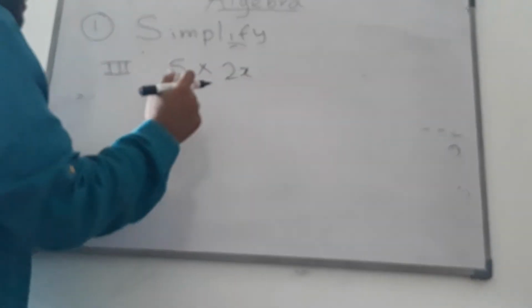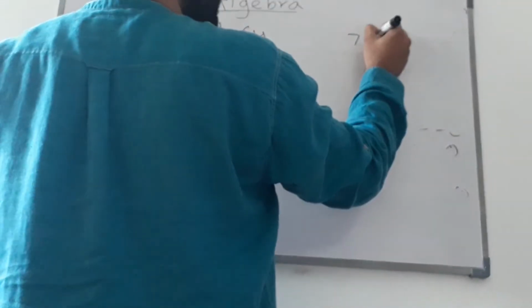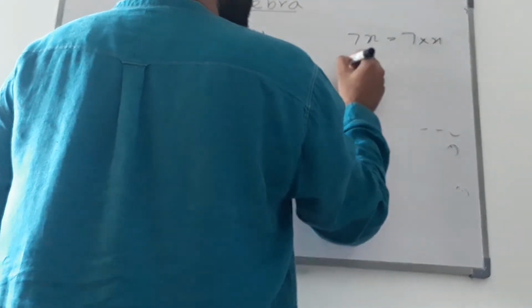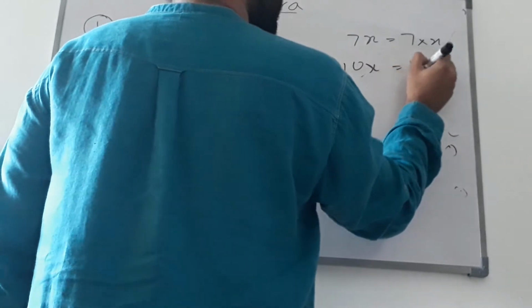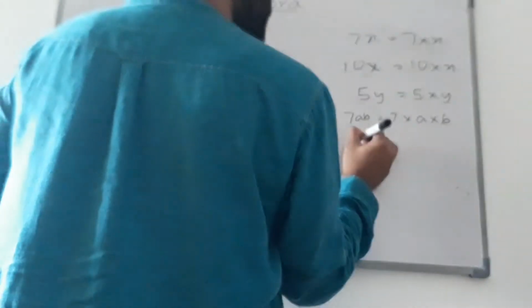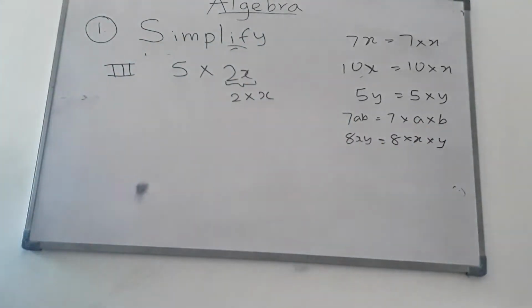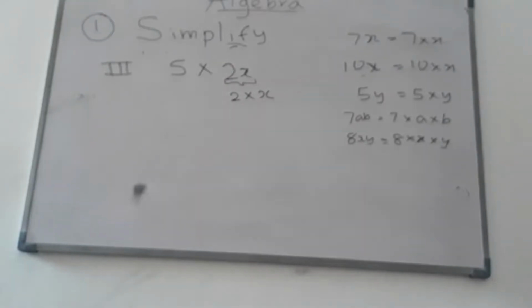Now we know 2x means 2 times x. 7x means 7 times x, 10x means 10 times x, 5y means 5 times y, 7ab means 7 times a times b, 8xy means 8 times x times y. We learned it in the previous session.